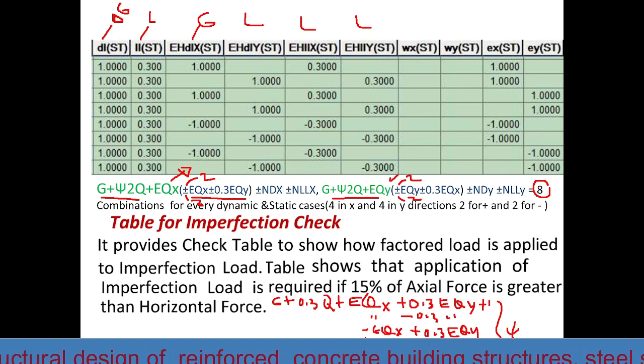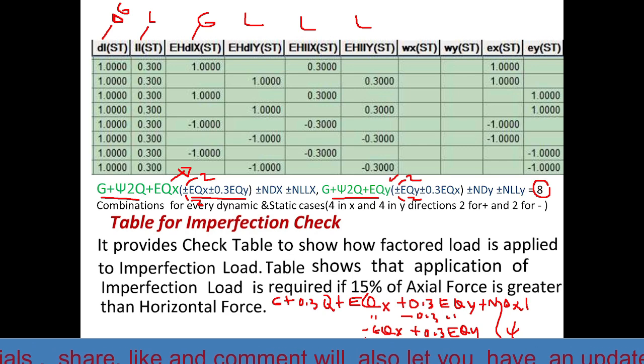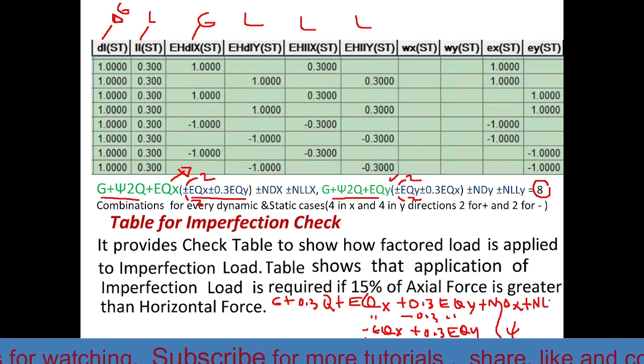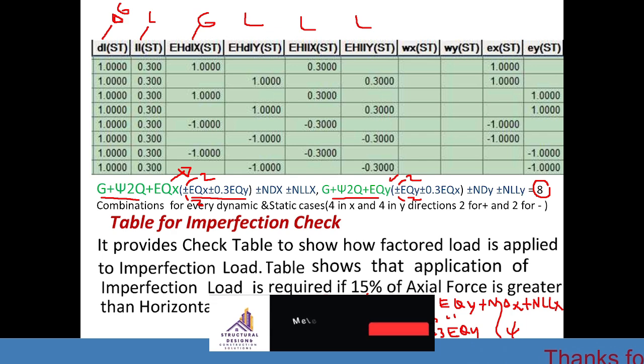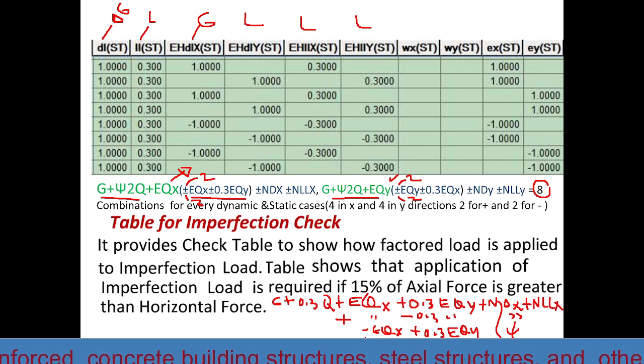That is plus the notional load with reference to the dead load in x direction plus the notional load with reference to the live load in x direction. And in the case of the plus sign, we'll have also the second plus sign here, so we can repeat this one.